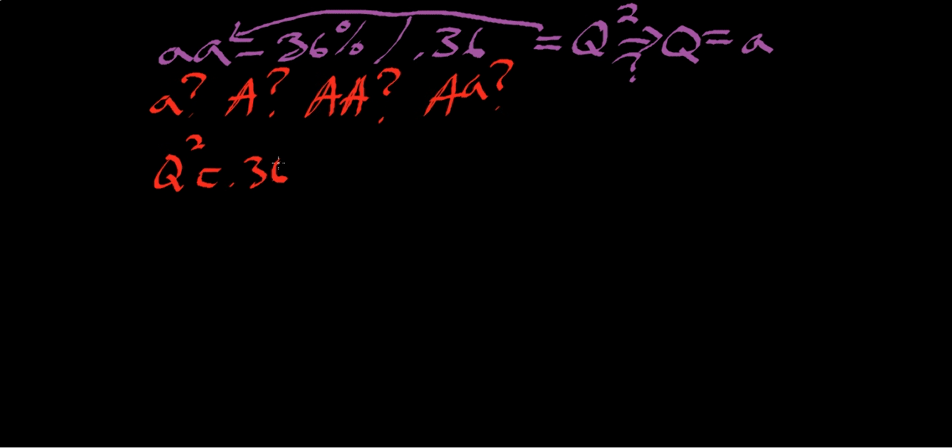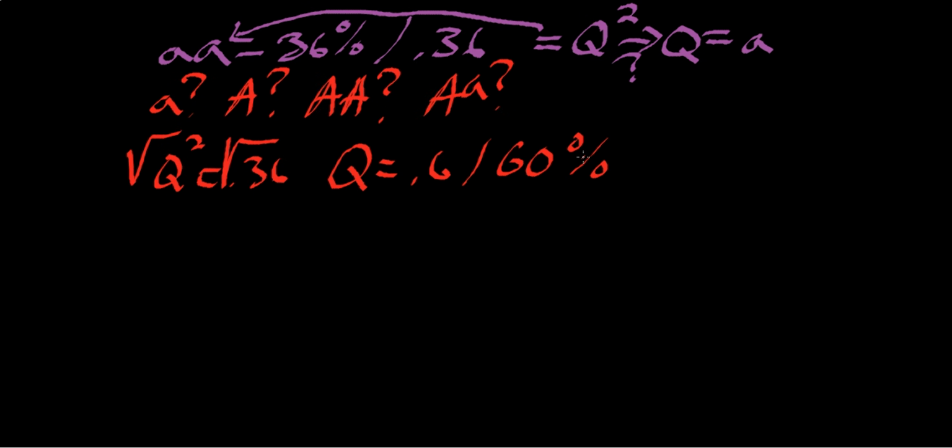So we would square root both sides to get q by itself. And this will equal 0.6, or 60%. Alright, so now we know that this is our q, or our a.